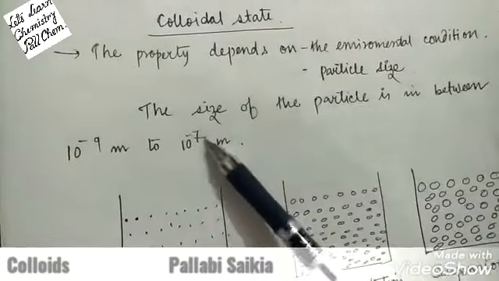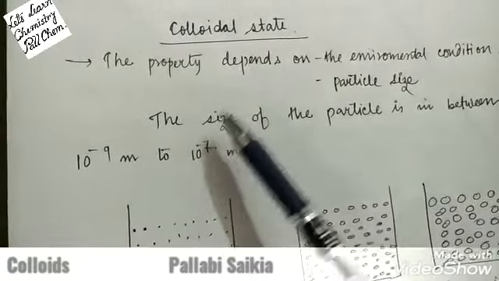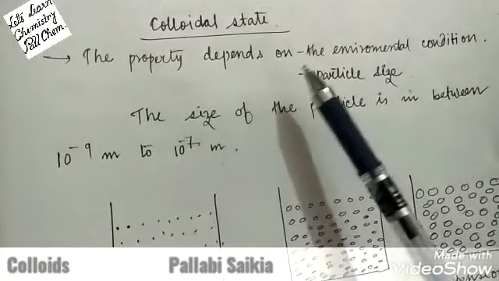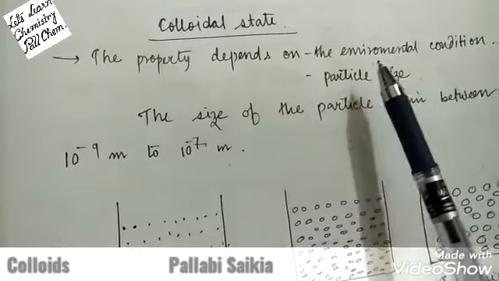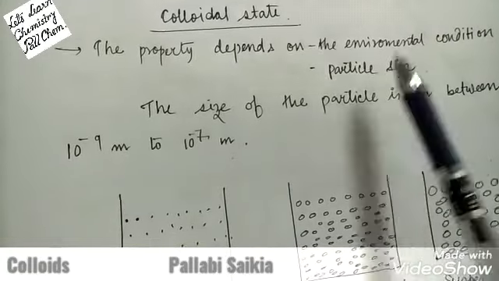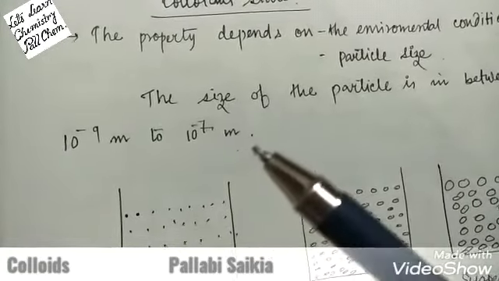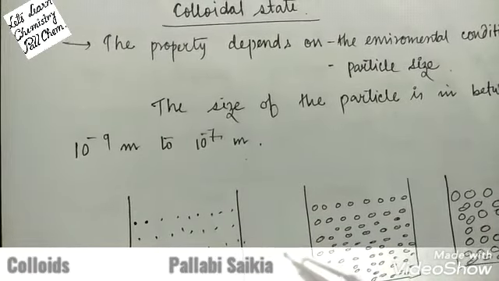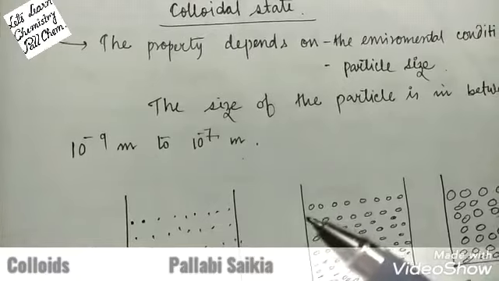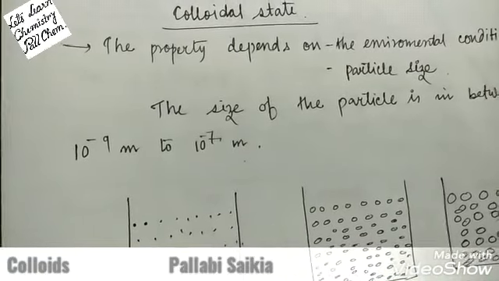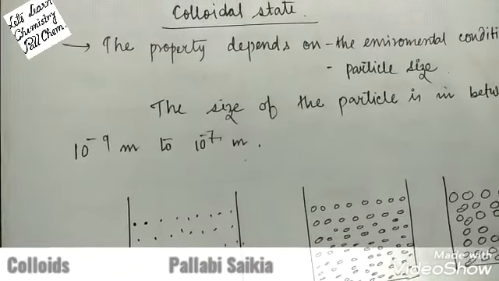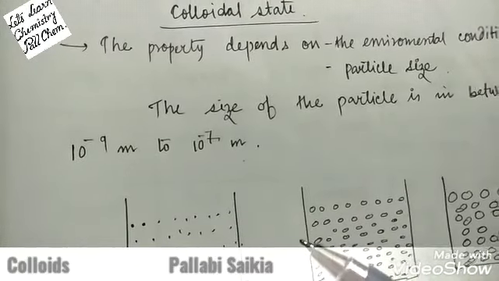The substance which exhibits colloidal behavior depends on 2 conditions. One is the environmental conditions and one is particle size. Environmental conditions means the property of crystalloid or colloid may vary depending on the environment. For example, sodium chloride is crystalloid in water. They can easily pass through the animal or plant membrane.